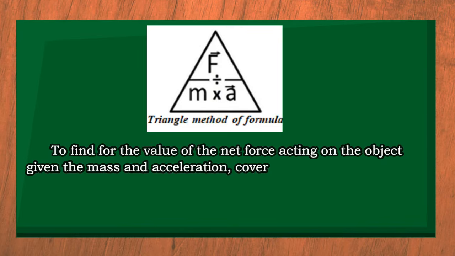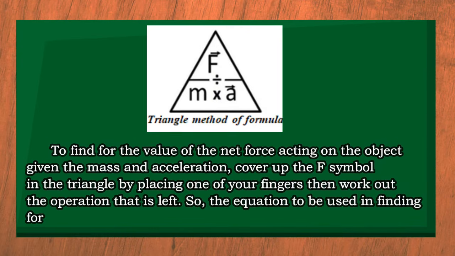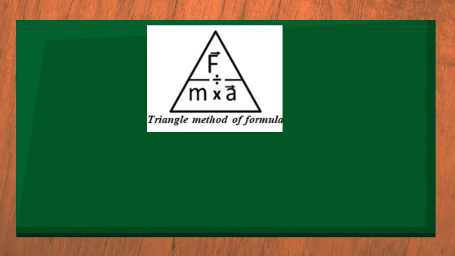To find for the value of the net force acting on the object, given the mass and acceleration, cover up the F symbol in the triangle by placing one of your fingers, then work out the operation that is left. So, the equation to use in finding force is equal to mass times acceleration.